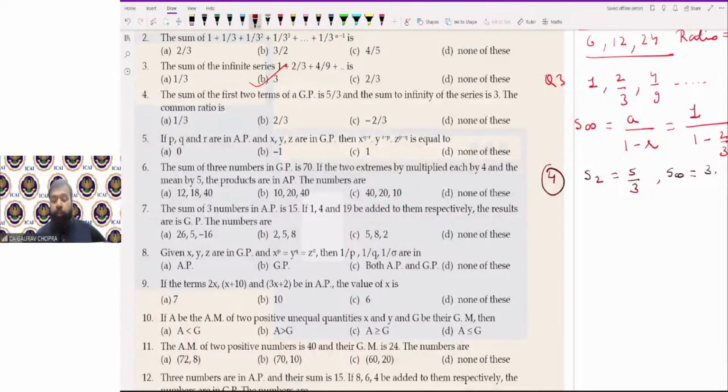Which formula will we apply for S2? A into 1 minus r to the power of n upon 1 minus r.